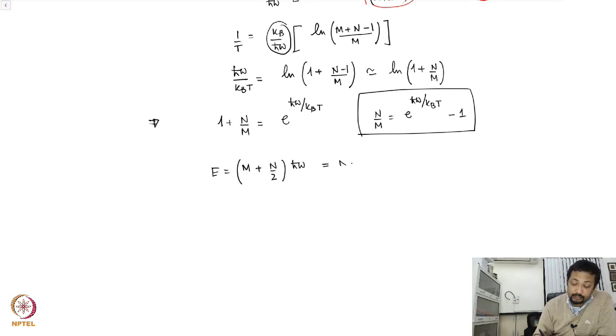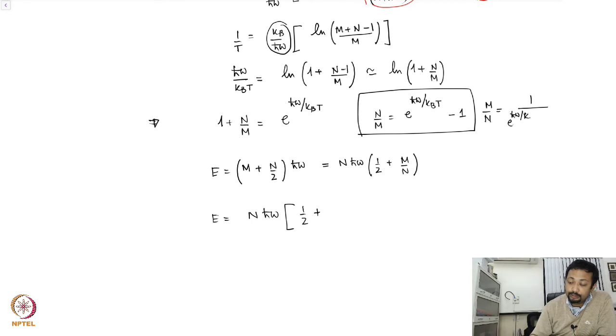If we take N constant common and outside, this becomes half plus M by N, so that the energy is N h bar omega times half plus M by N, which follows from this equation, is 1 over e to the power h bar omega over kBT minus 1.